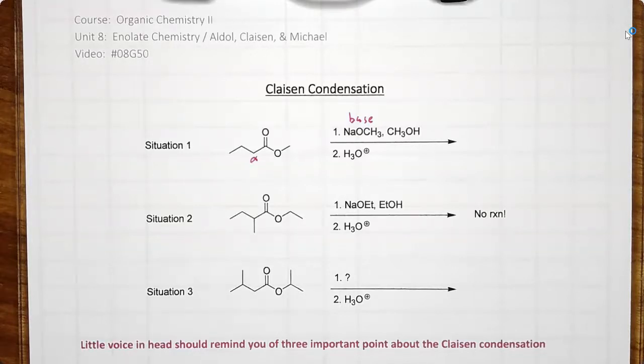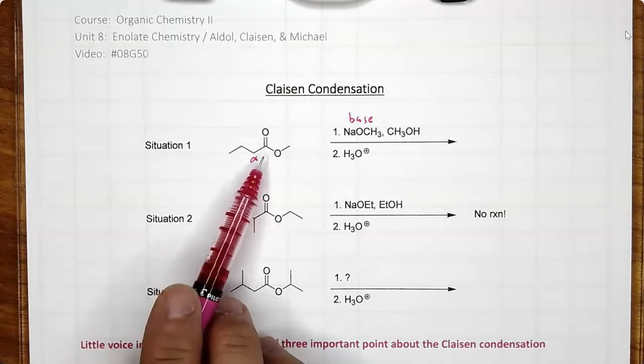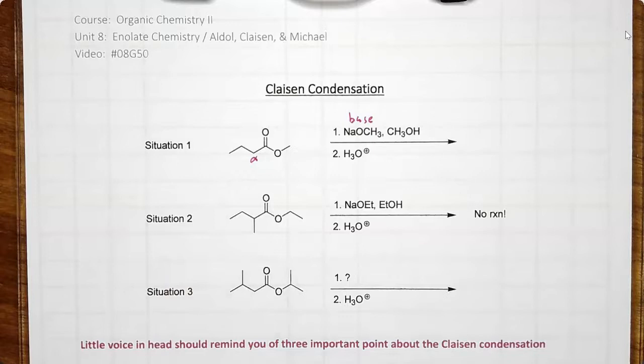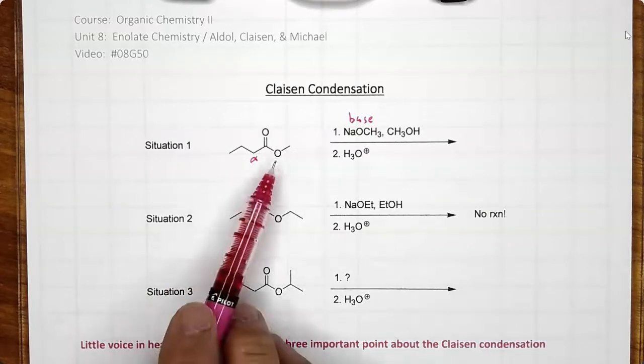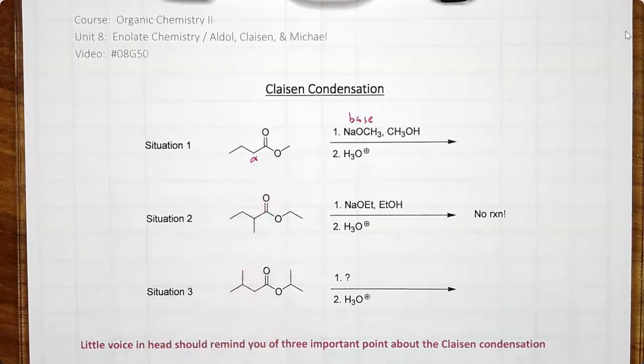But before we do the mechanism, there's something different about this reaction, and that's because when we attack the ester, you know from your carboxylic acid derivative unit that there's a leaving group, and that's going to affect the final product. It's not going to look like an aldol product.